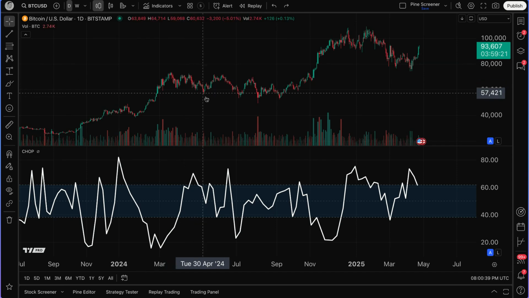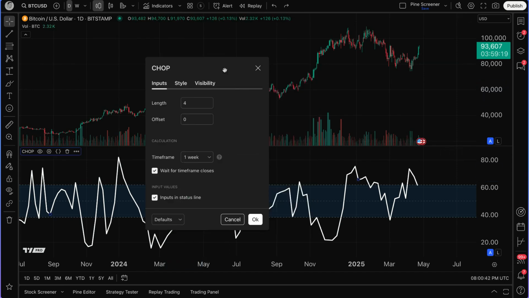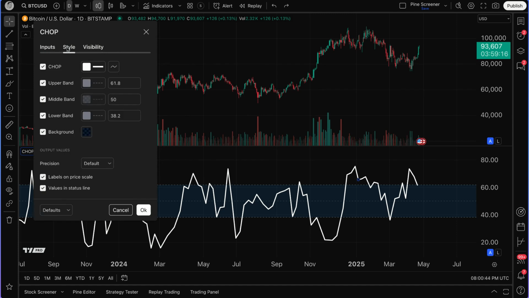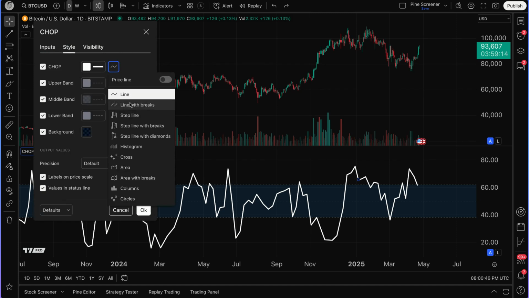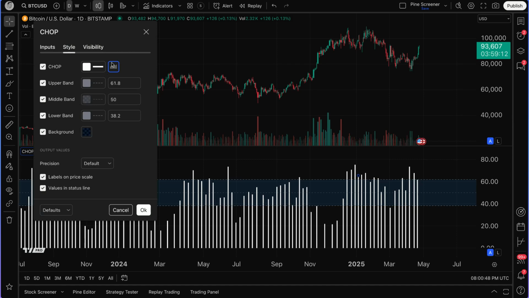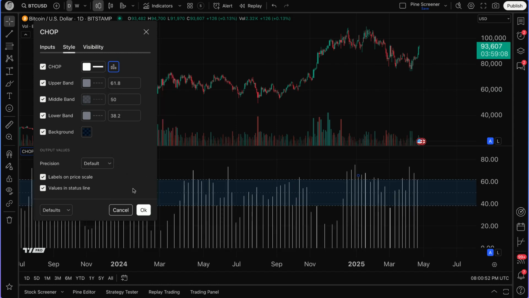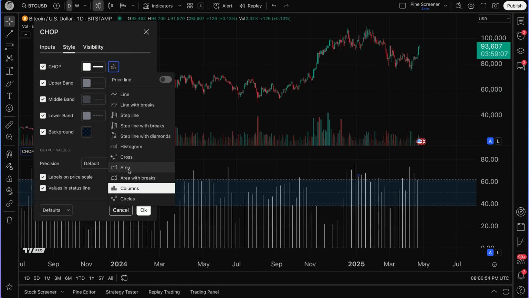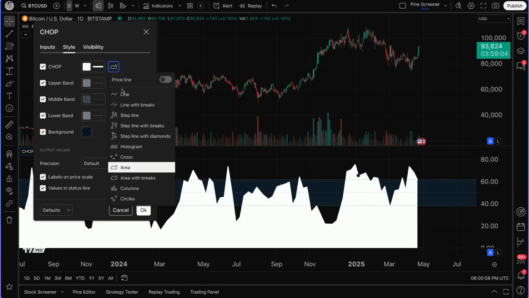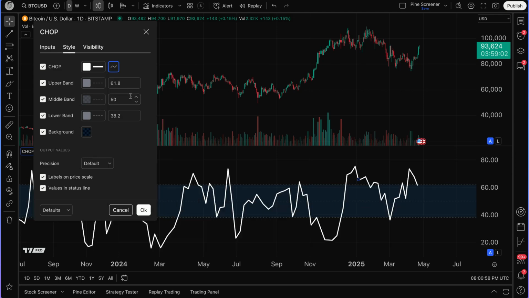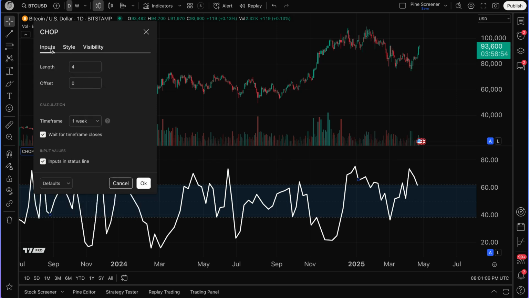Before I get into that any further, I do just want to double click and remind you of one or two cool things as well, which is that you can have the indicator being visualized as something totally different than just a line. For example, I can actually do columns, if that's what I'm familiar with, or area, if that's what I'm familiar with, and visualize it that way as well. But that's important because everyone has their own different tastes, needs, and desires and markets. So just know you have that customization.